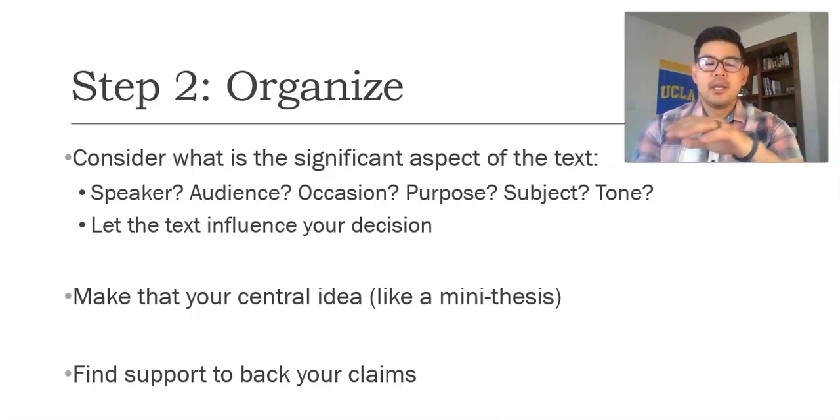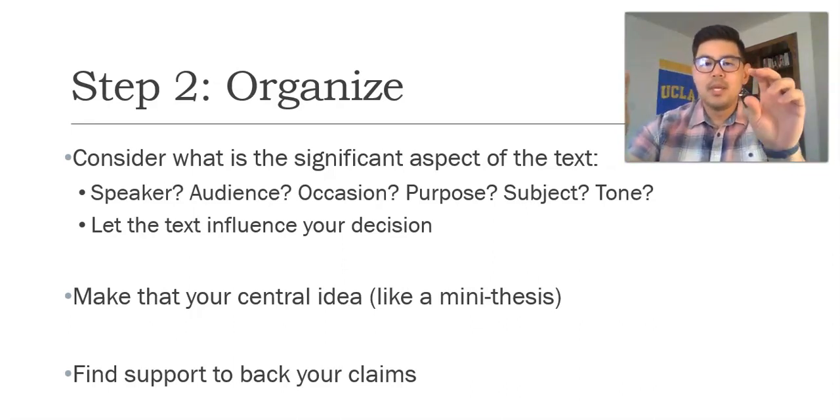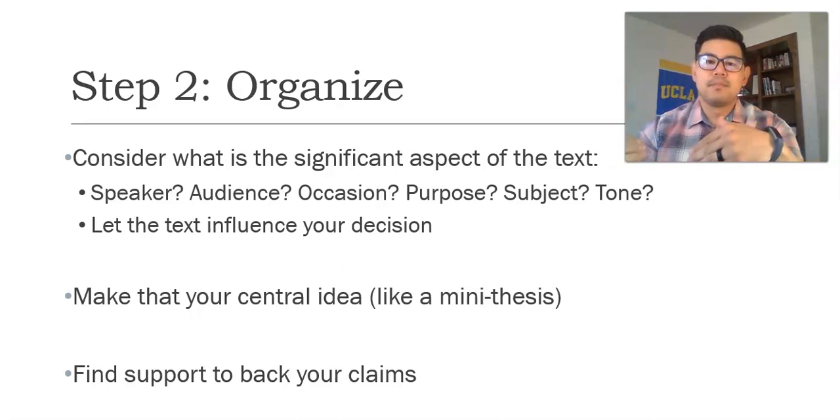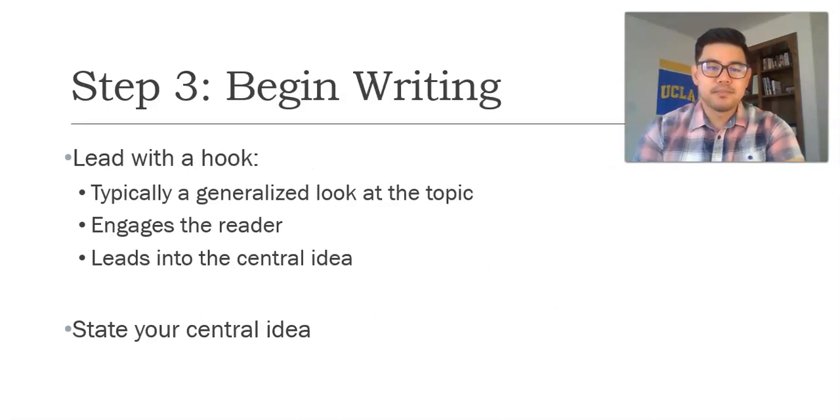Then organize your thoughts in a way that supports your claims. The central idea will be your main topic, and then you need to find references that support that central idea.